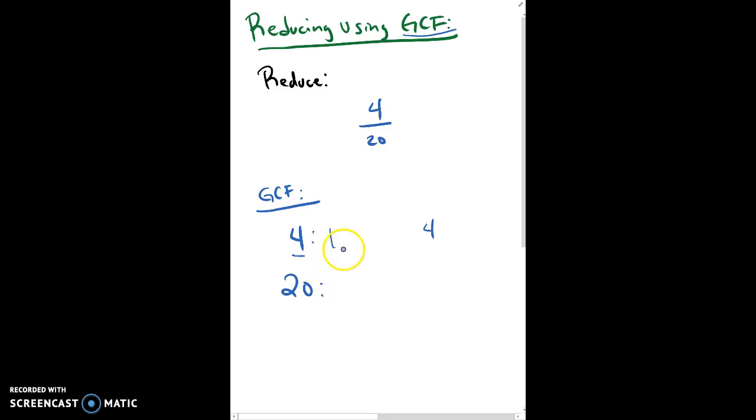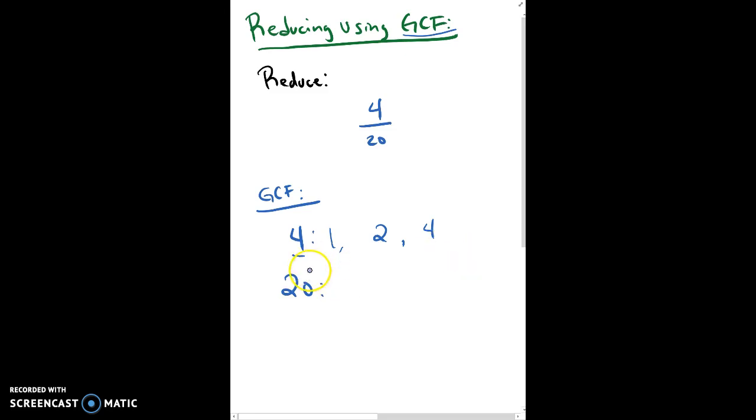And then after the 1, 2 times 2 gives you 4. But because 2 multiplied by itself gives you 4, we only write the 2 one time. And since 3 does not divide 4, these are the factors for 4.